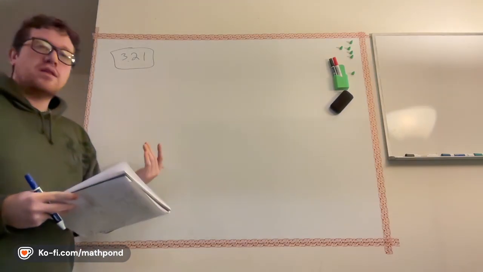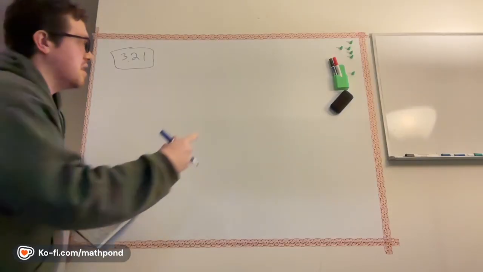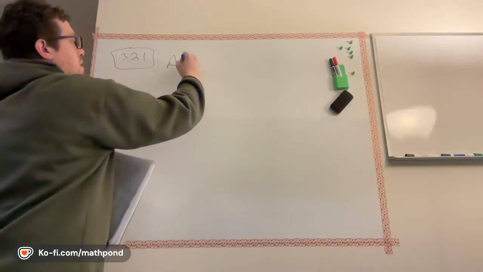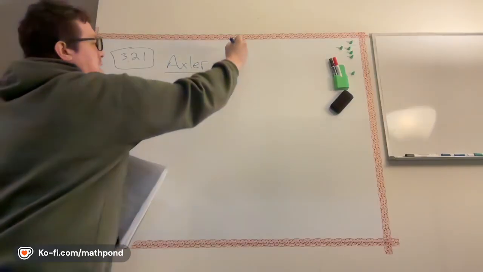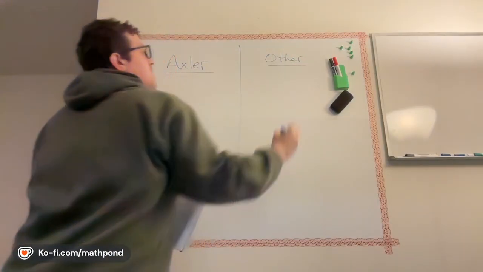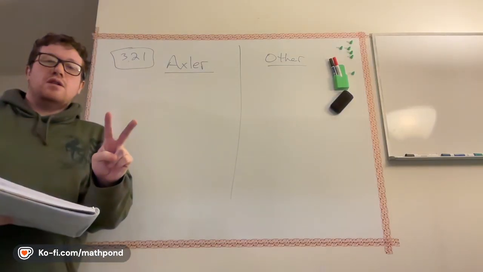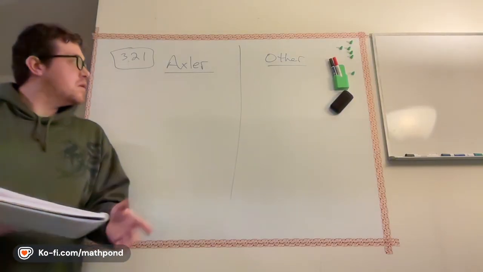So I'm going to go with the argument that's presented in Axler first. That'll be on the left. And this will be my own sort of other way of thinking of it. So two different ways to think of the same idea.